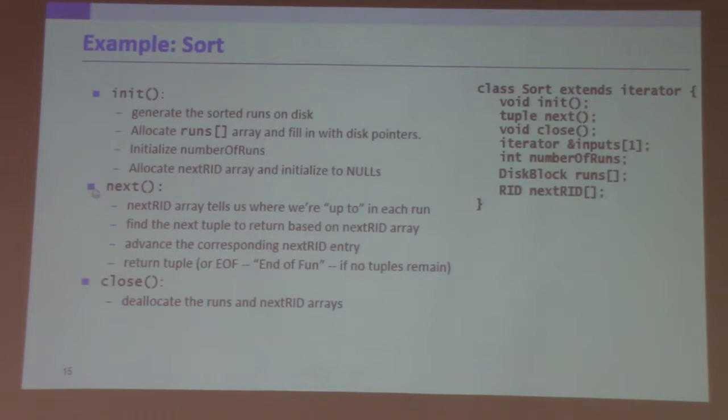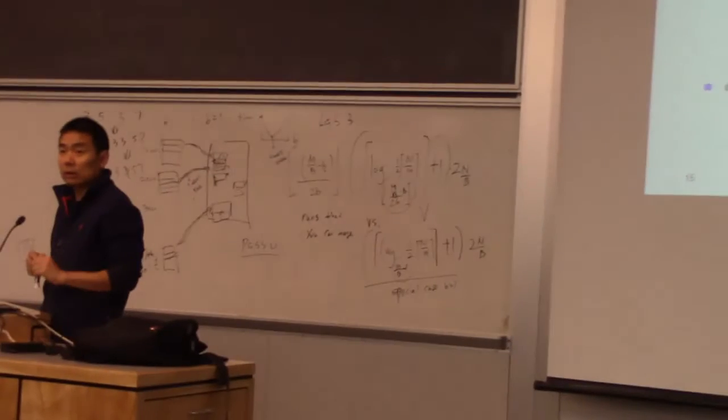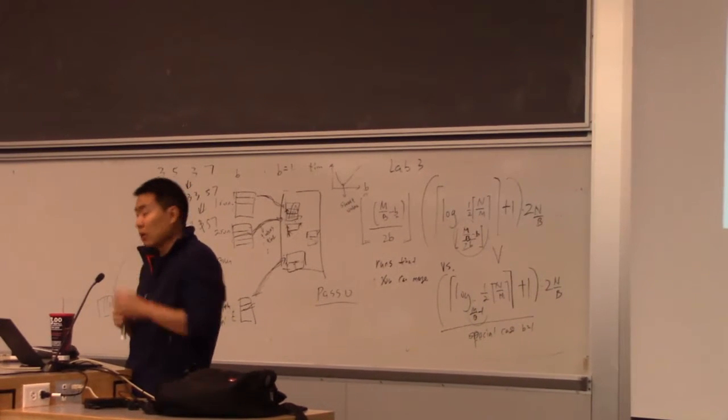The next, well, whenever you call next, what do you do? Well, you simply move the cursor accordingly in this next RID array. Imagine this array size is this or this, depending on which you're using. That's the next RID array size. And whenever you call next, I will return you the RID, the index of this array, pointing to a record with the smallest value according to your sorting order, and then move the next RID accordingly.